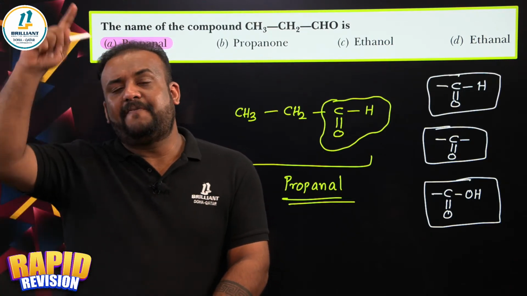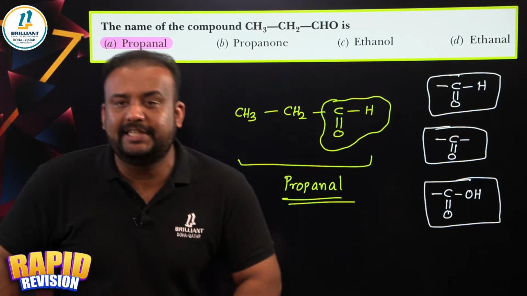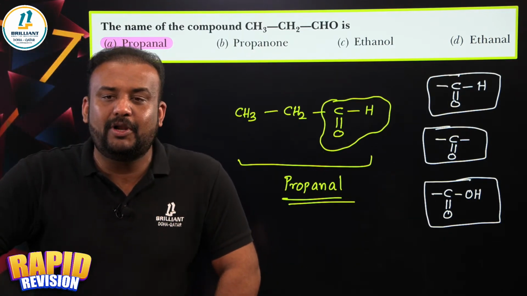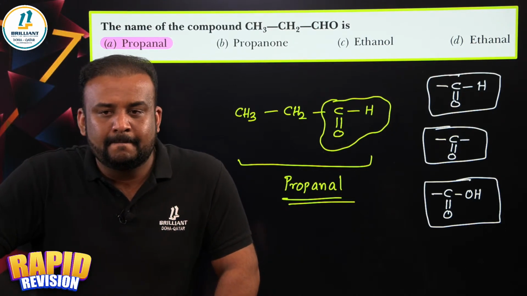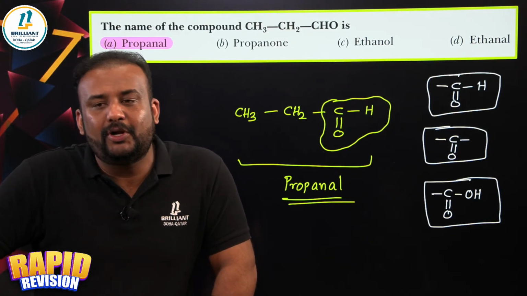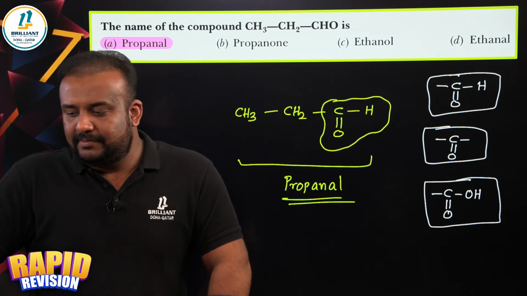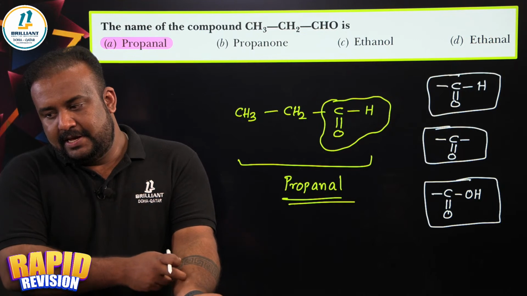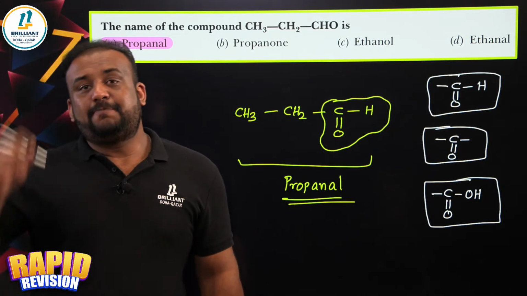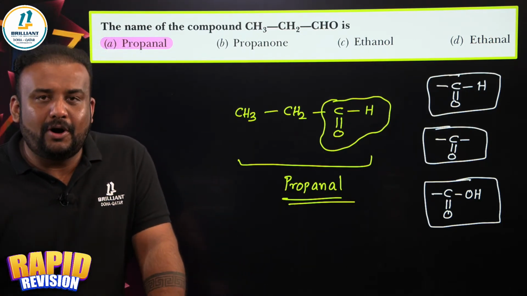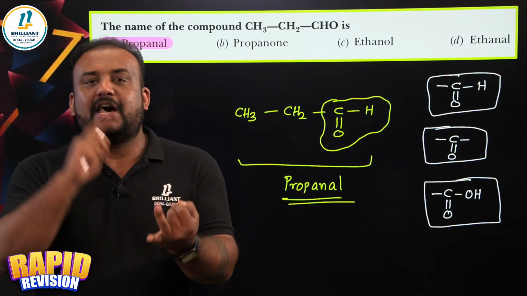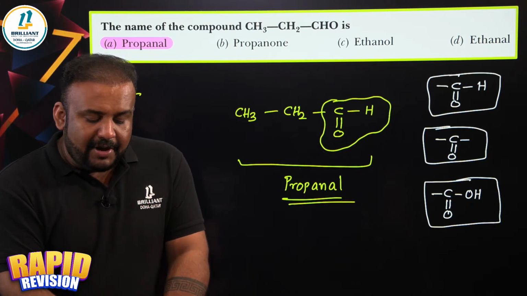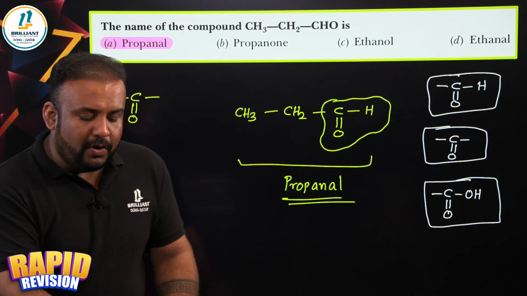What is the name of the first member of the ketone homologous series? Come on. First member of the ketone homologous series. Ketone I asked. It's propanone. You cannot have a ketone with 1 carbon or 2 carbons. You know why? Because ketone functional group is C double bond O. Look at it.